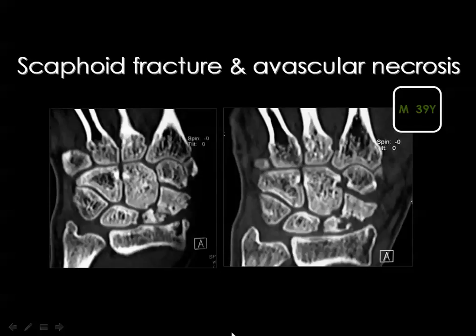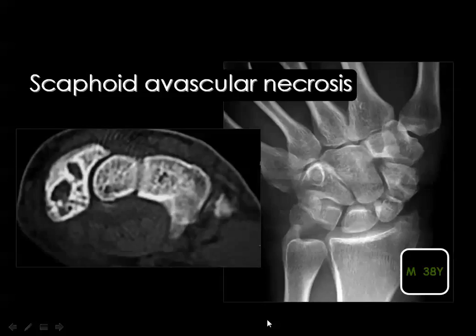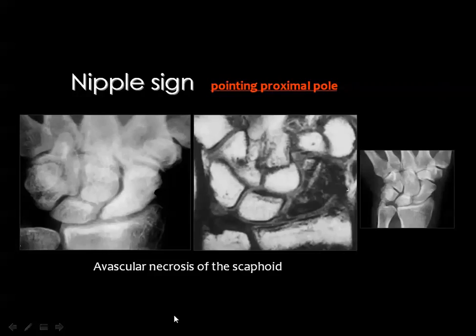Sclerosis and fragmentation are the signs of avascular necrosis in the plain X-ray and in the CT scan. And here you can see the fracture of the waist of the scaphoid with relative bone sclerosis and the development of cystic changes in the proximal bone suggestive of avascular necrosis.